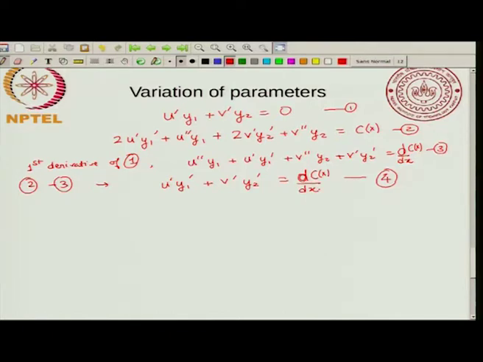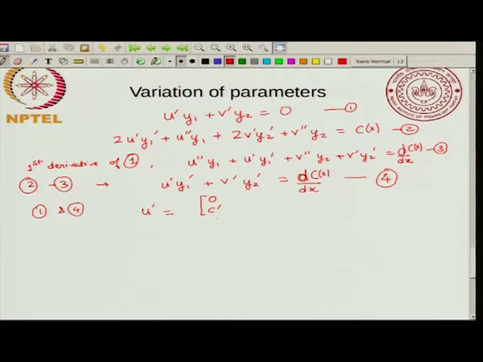And this is very nice, because if you look at 1 and 4, then using your matrix methods you can write u prime in terms of determinants: 0, c, y2 prime, divided by the determinant y1 y2, y1 prime y2 prime. What I did was look at 1 and 4 as a system of linear equations for the variables u prime and v prime.